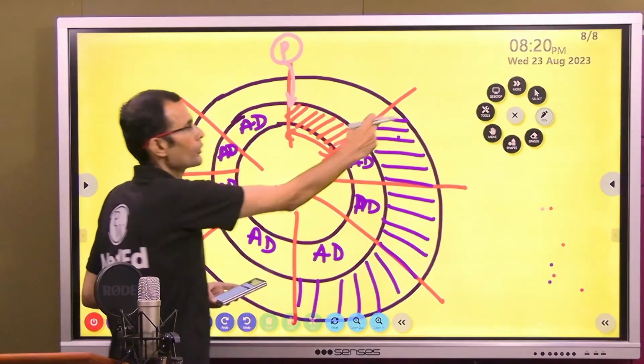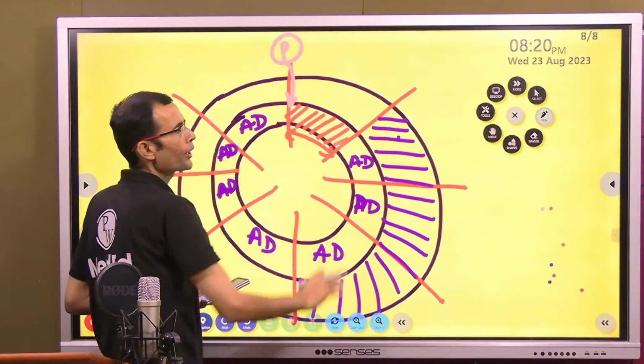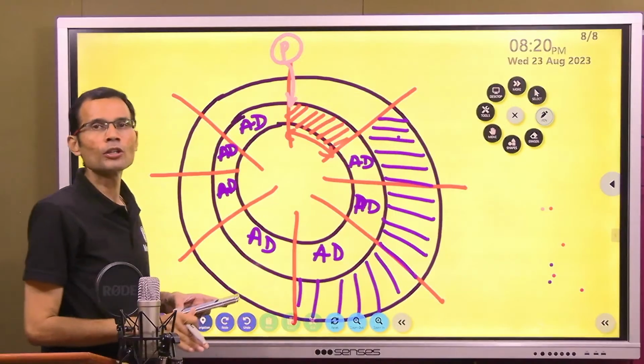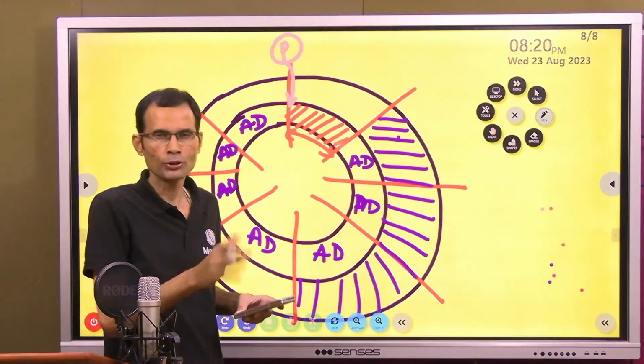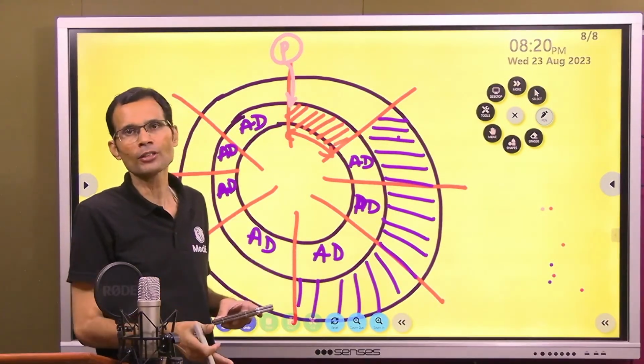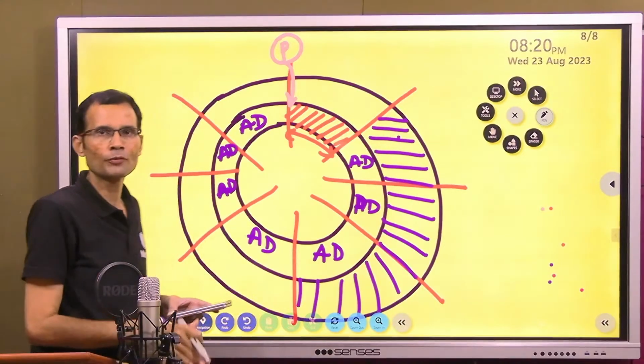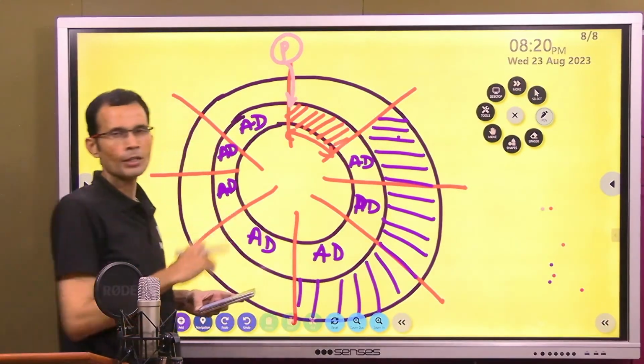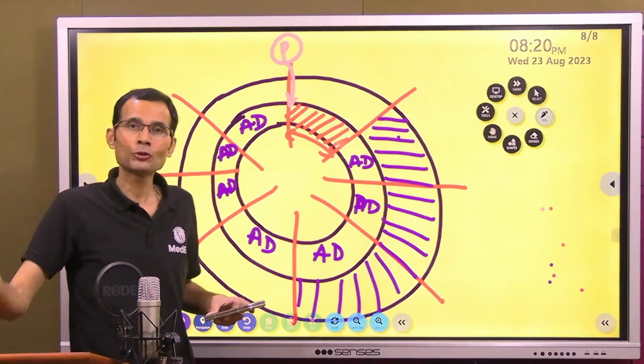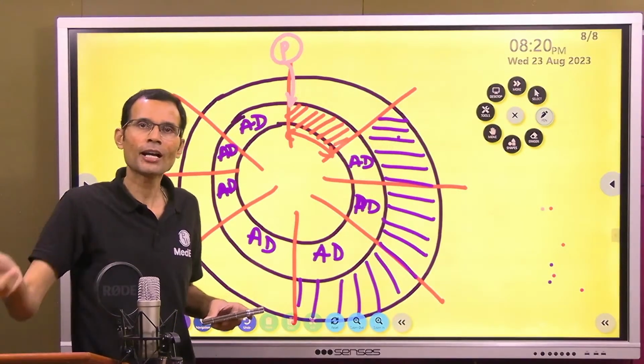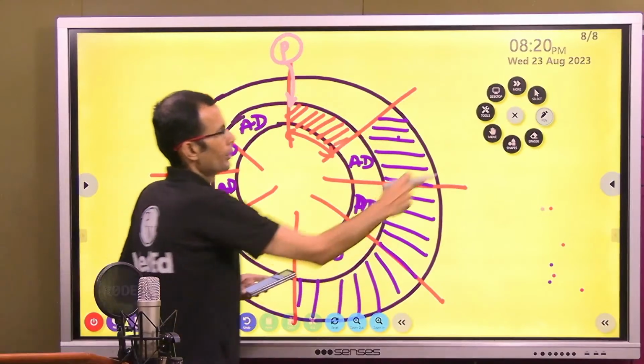That's one point to be noted. Two systoles, atrial systole and ventricular systole, never overlap because of the AV nodal delay. And remember also, two diastoles always overlap, atrial diastole and ventricular diastole.